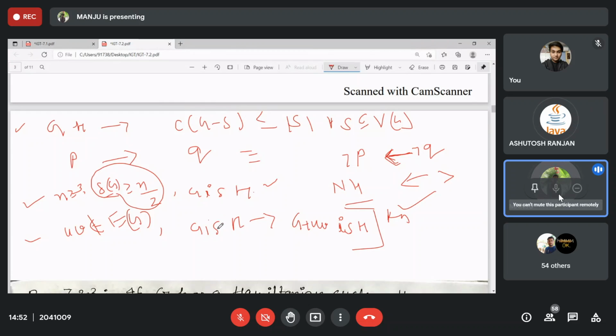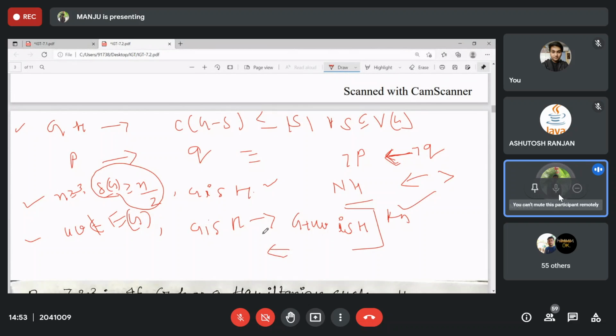Because the same cycle exists. This graph should be a simple graph. Whatever Hamiltonian cycles, spanning cycles G has, the same cycle will exist because we are not adding any more vertices. We are just adding this edge. We are making these adjacent, right? In G plus UV. Now, can you say G plus UV is Hamiltonian?